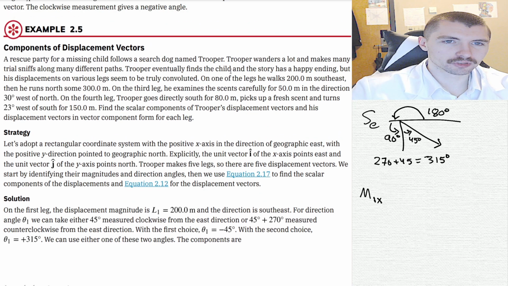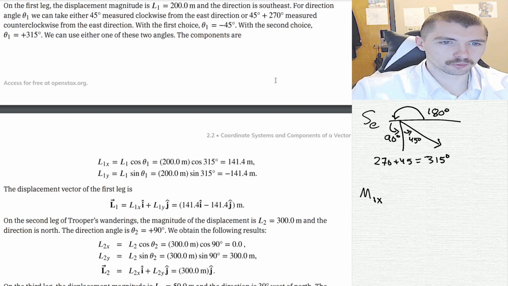If we go up to the book, he goes 200 meters southwest.